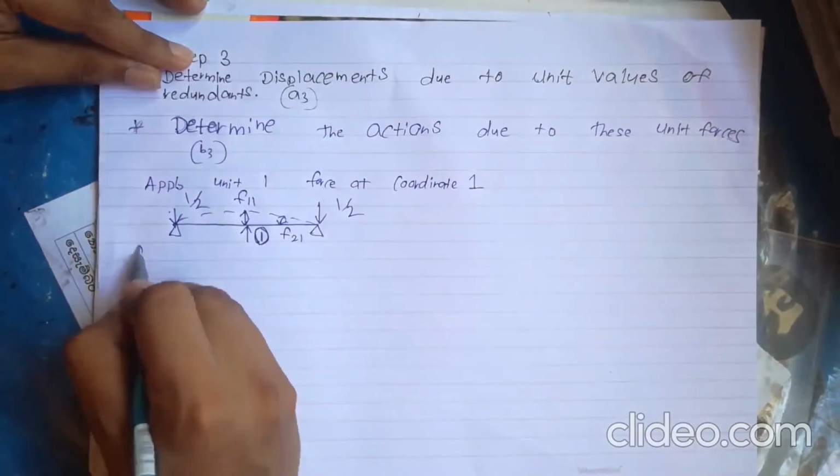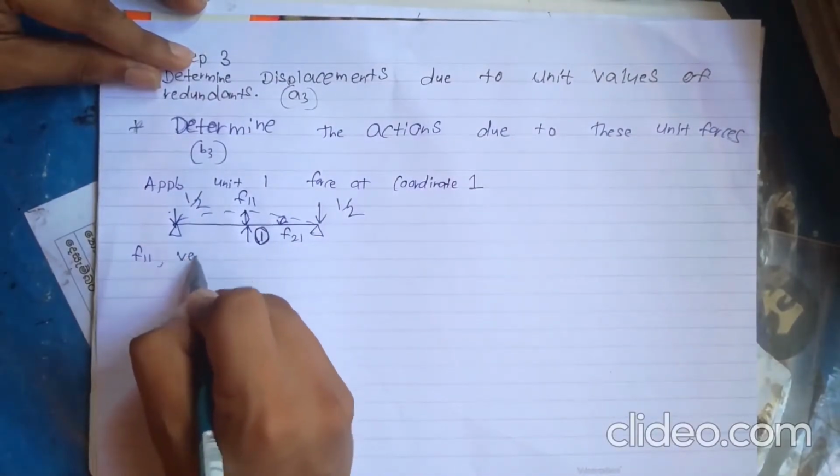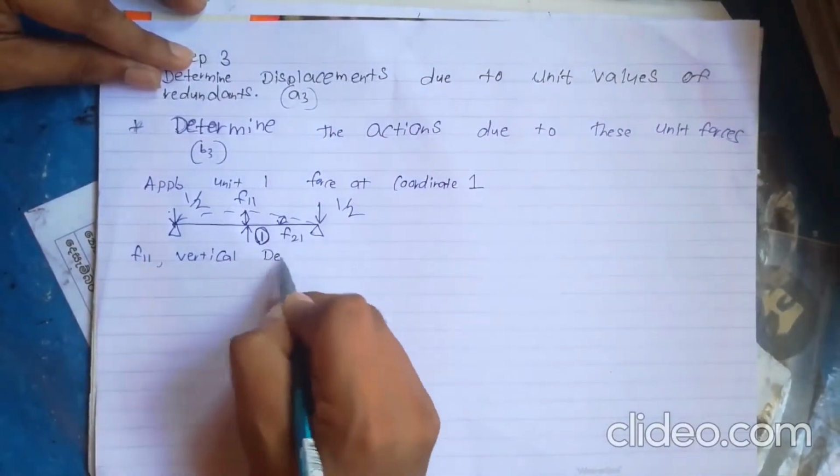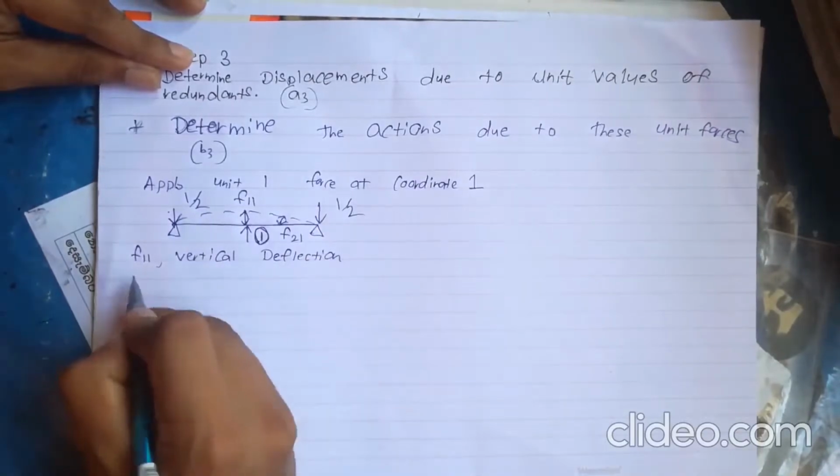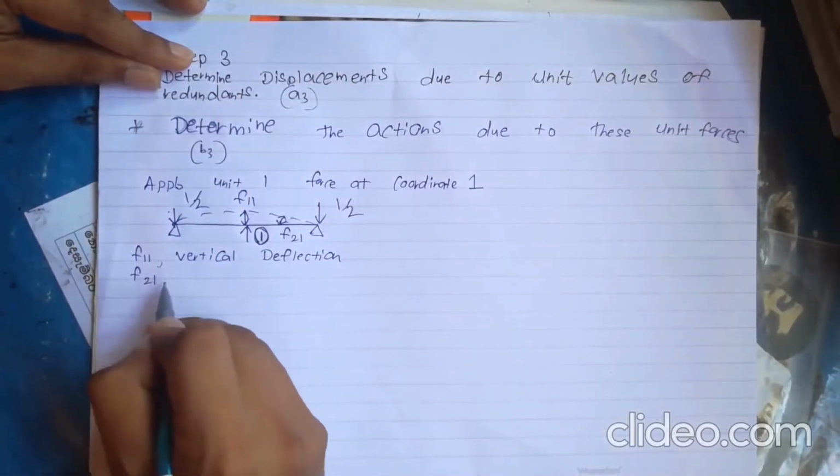F11 is the deflection due to unit load, and F21 is the rotation due to the similar unit 1 load.